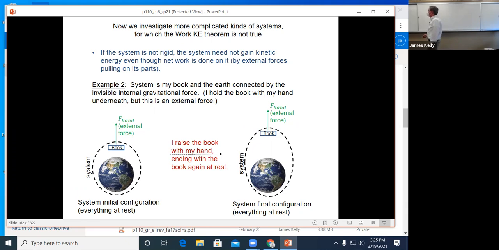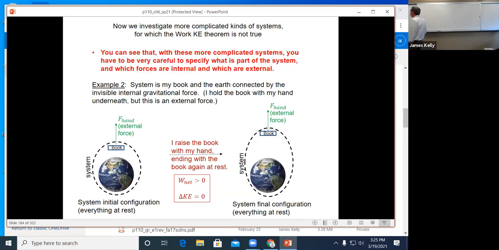Then if I calculate the amount of work done by my hand, again, it's positive here, right? I reach in with my hand, that's an external force, and it's doing positive work because it's pushing up and it's being displaced up. And yet, if I raise it from rest and then come to rest at the end of it, there's no change in kinetic energy. It's almost the same kind of system.